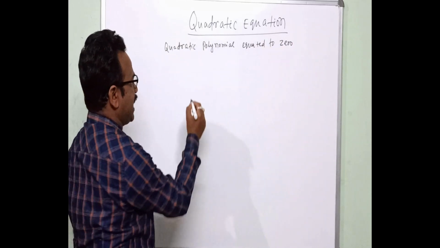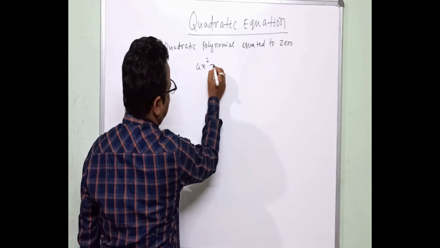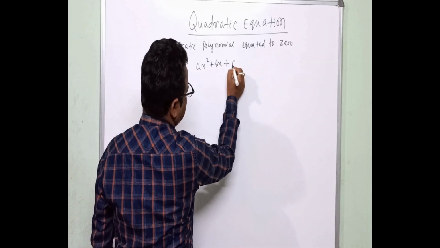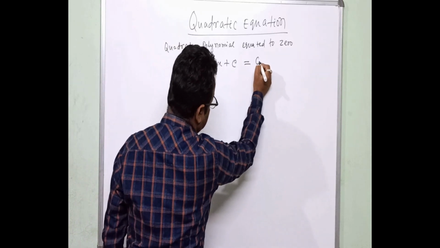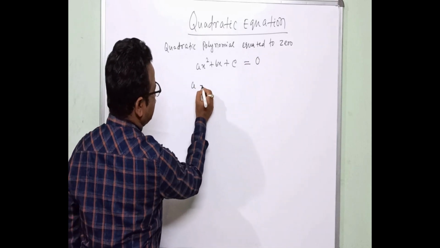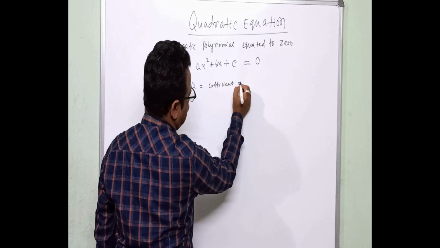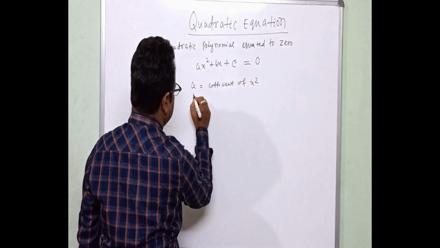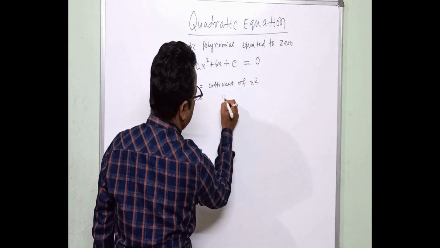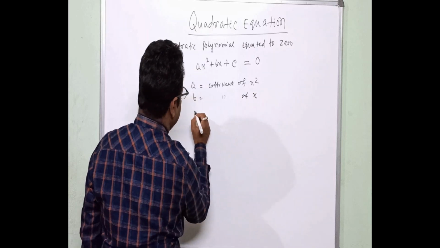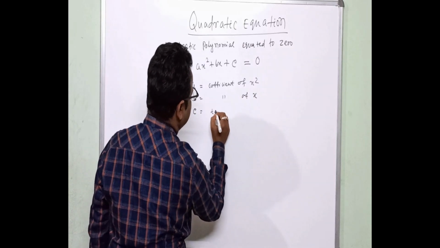That means ax square plus bx plus c is equal to 0, where a is the coefficient of x square, b is the coefficient of x, and c is the term independent.